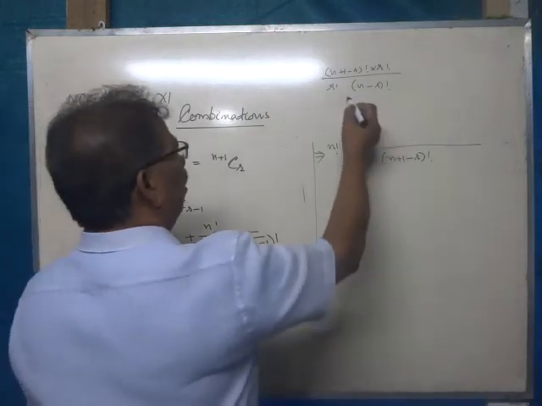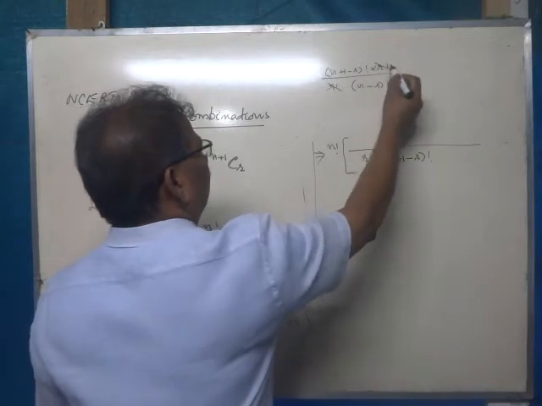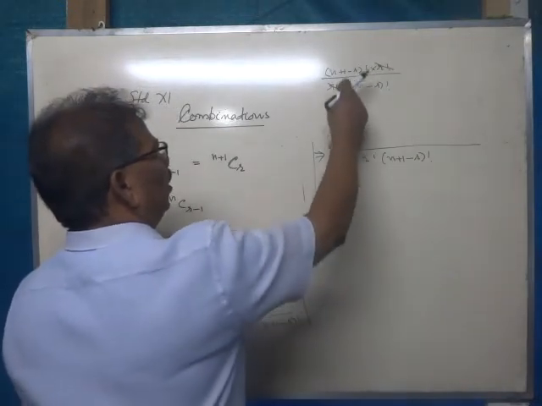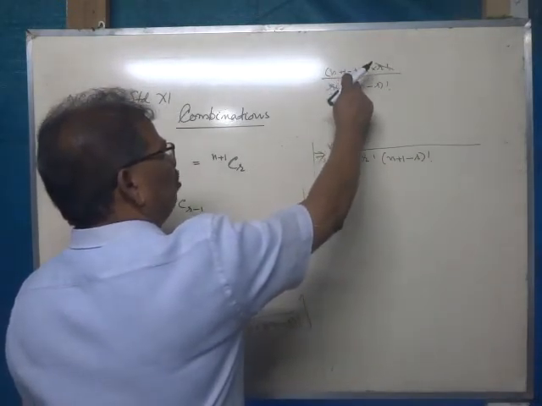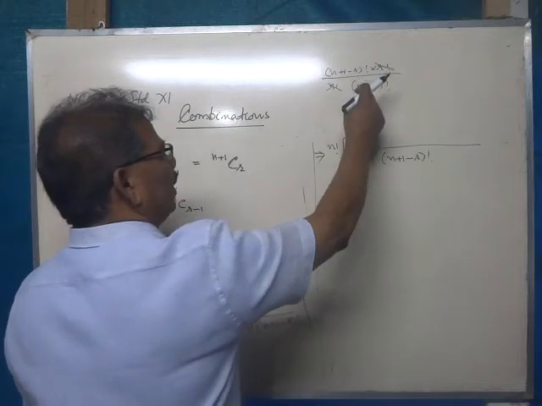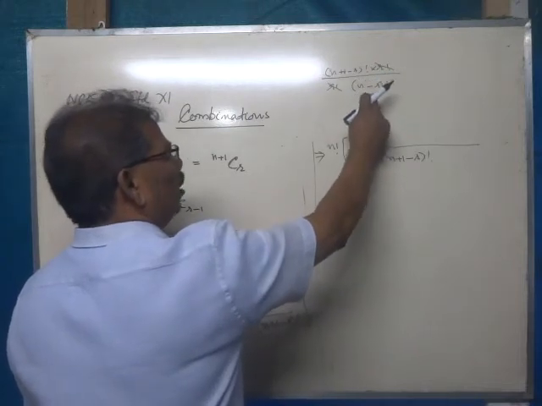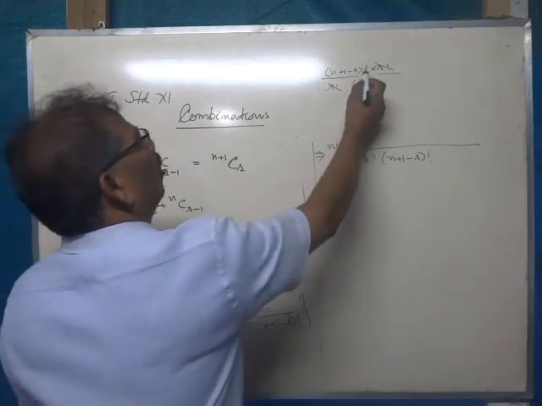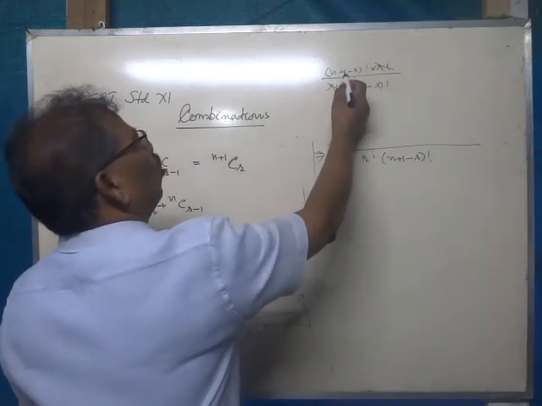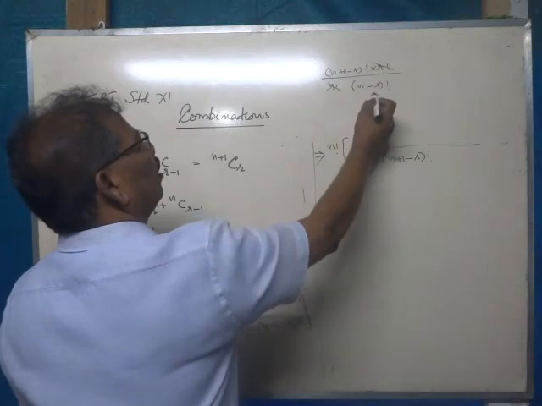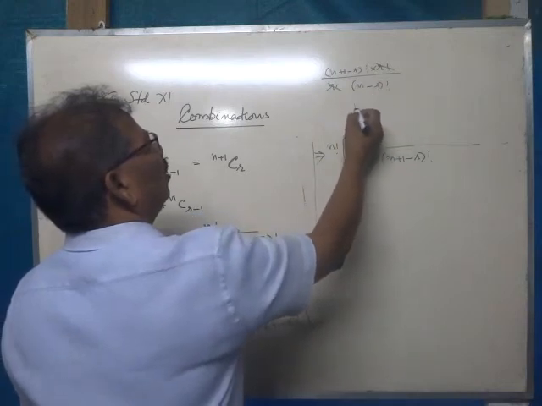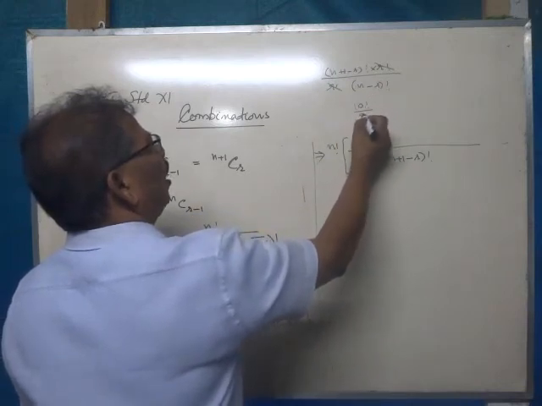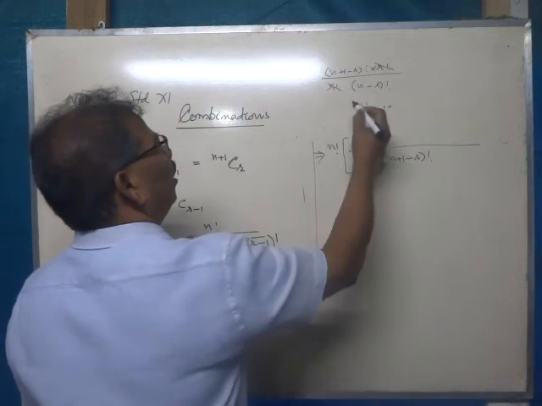That is, r factorial and r factorial got cancelled, and this number n plus 1 minus r is greater by 1 than n minus r. Therefore, on dividing (n plus 1 minus r) factorial by (n minus r) factorial, see, 10 factorial divided by 9 factorial is equal to 10.